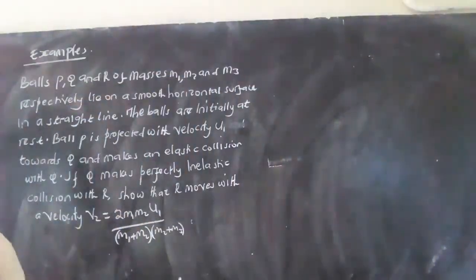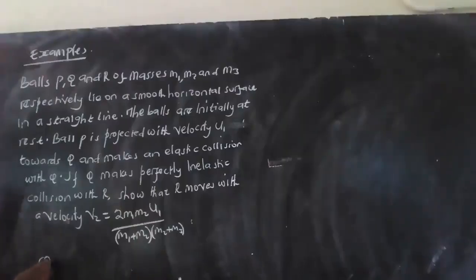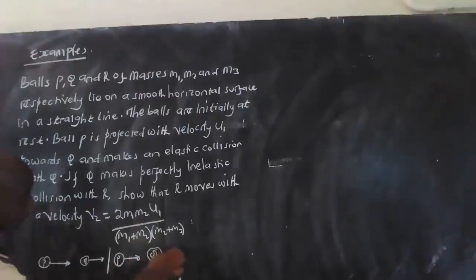How do we sketch this one? Let me say this is P, this is Q, and this is R. Now they are saying that P and Q collide elastically. So after collision, we shall have P again here, Q here, and then R here.